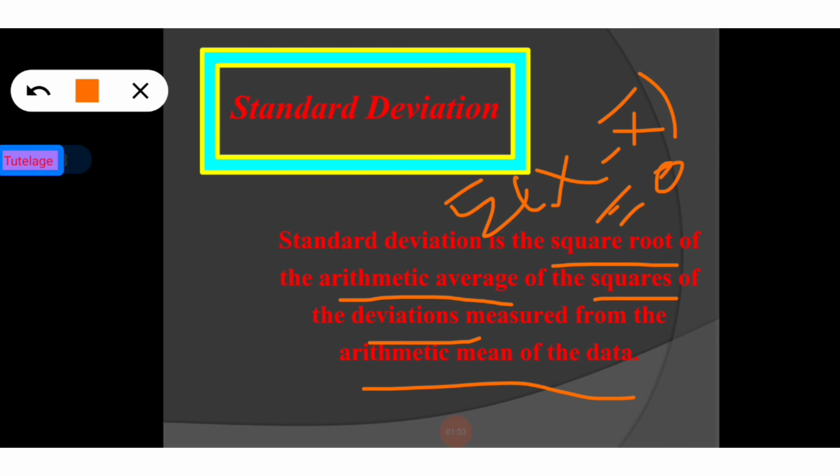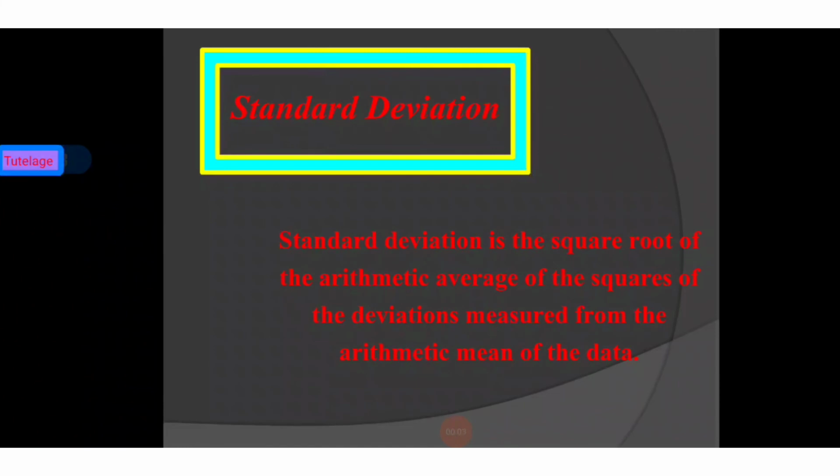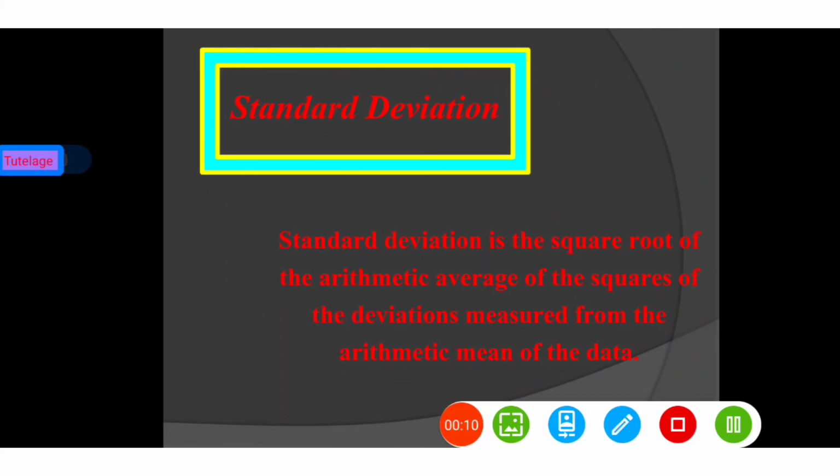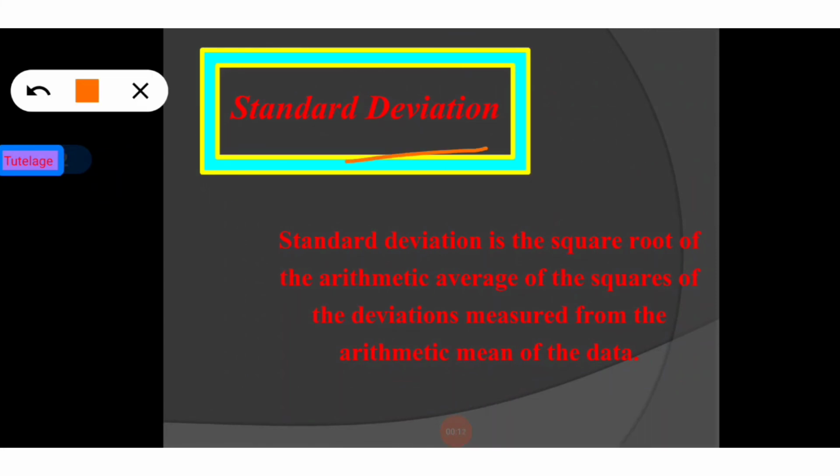So that's why when we are calculating standard deviation, we always take the squares of these deviations. Okay, so now going to the main thing, what is the difference between the mean deviation and the standard deviation. Basically, in the mean deviation we are taking only the absolute values of deviation, without considering any algebraic sign, that is plus and minus.